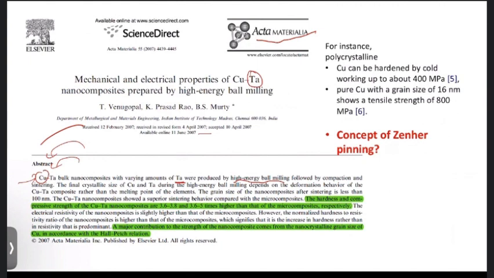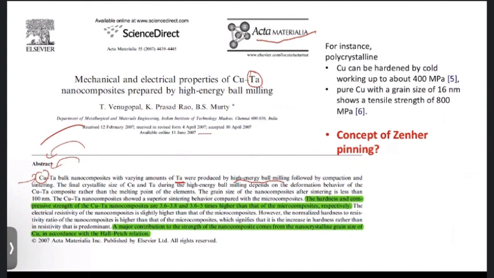But when we are using ball milling, it depends rather upon the deformation, like how the particles are being deformed, rather than the melting point. Melting point will be the secondary criterion. The first criterion will be deformation.